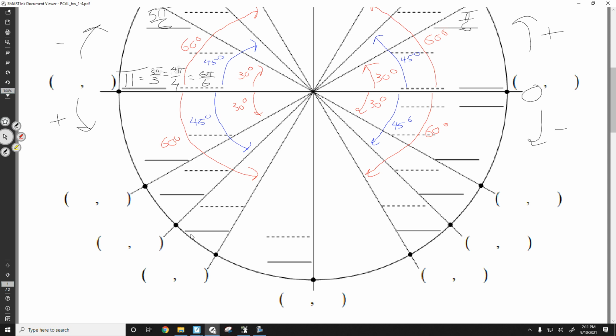Nice. If you know pi over 6 is 30 degrees, if you know pi over 4 is 45 degrees, if you know pi over 3 is 60 degrees, all we need to do is add pi over 3, add pi over 4, add pi over 6.